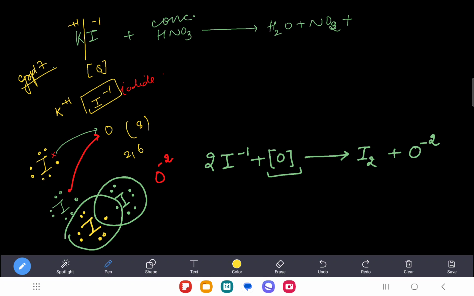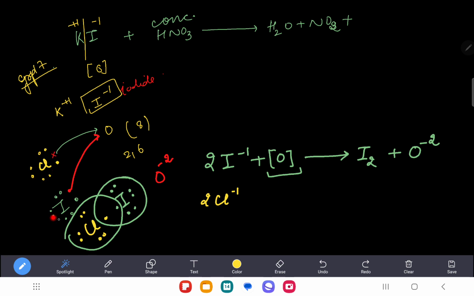Similarly, when 2Cl negative comes here, imagine in place of I, it is Cl, because chlorine also has 7 valence electrons in its valence shell. 1, 2, 3, 4, 5, 6, 7. And we are writing chloride, that means it has 1 extra electron, which is why it is negative.